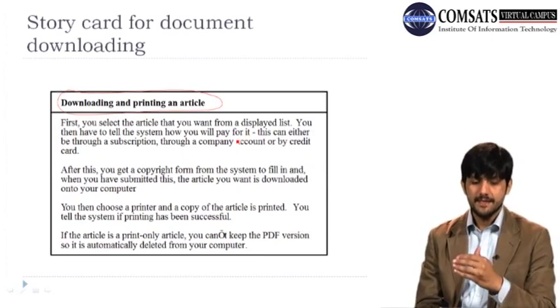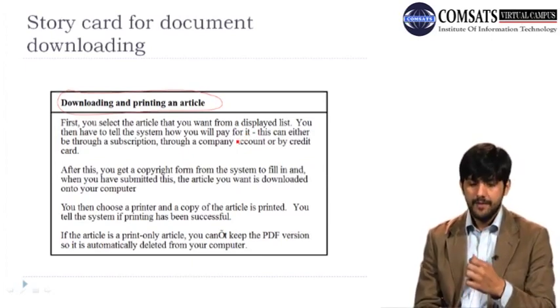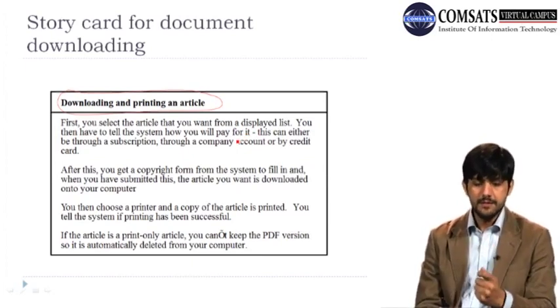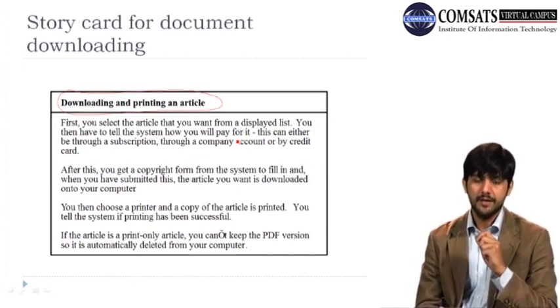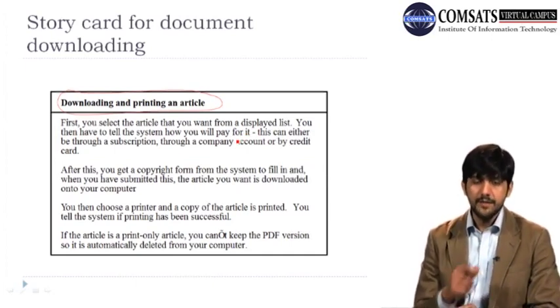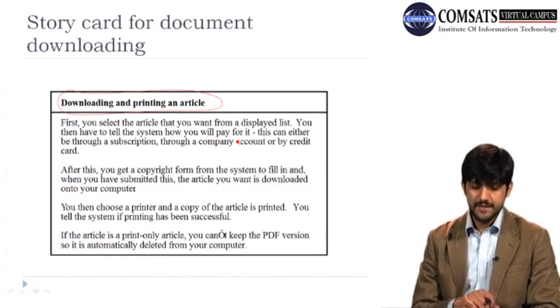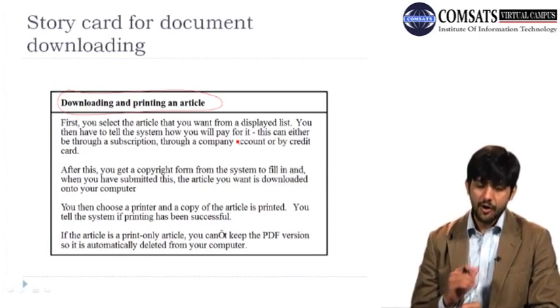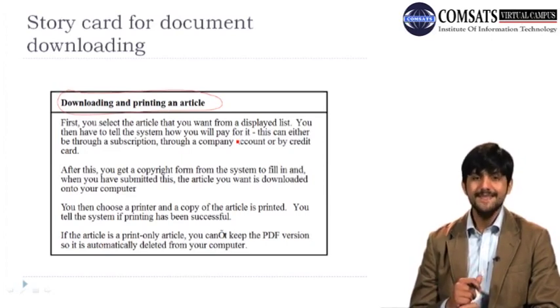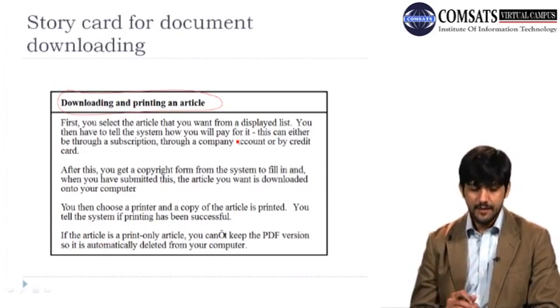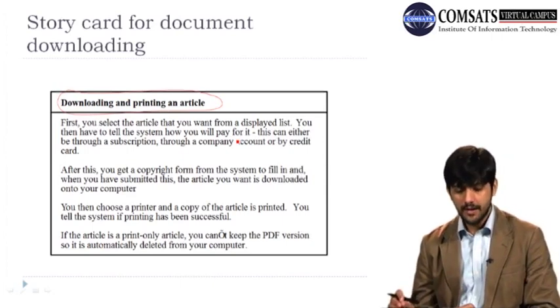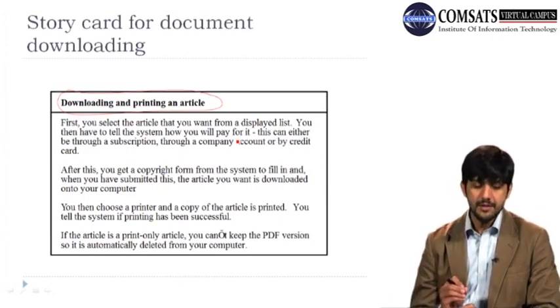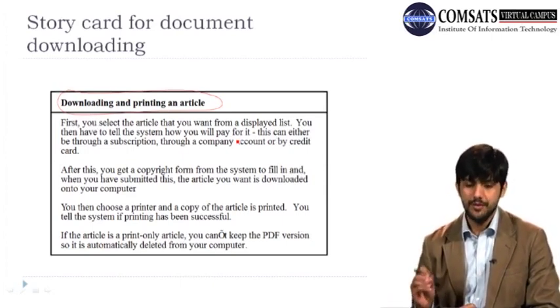You then have to tell the system how you will pay for it. This can be through a subscription, through a company account, or by a credit card. After this you get a copyright form from the system to fill in, and when you have submitted this, the article you want is downloaded onto your computer. You then choose a printer, and a copy of this article is printed. You tell the system if printing has been successful. If the article is print-only, you cannot keep the PDF version, so it is automatically deleted from your computer.